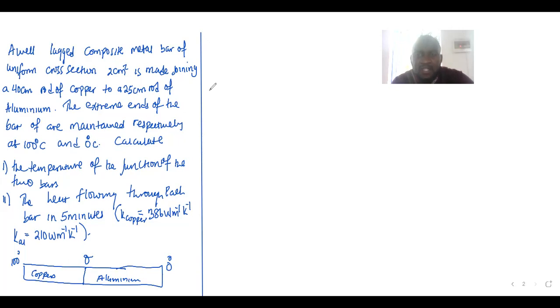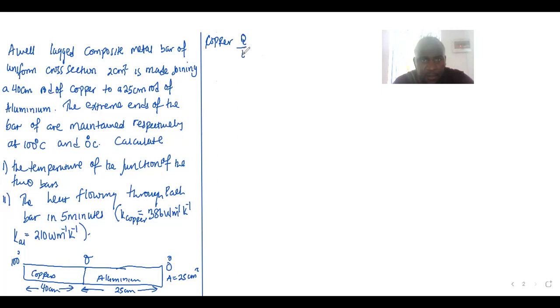The bar is made by joining copper and aluminium of cross-section area 2 centimeters squared, and the copper is 40 centimeters, whereas the aluminium is 25 centimeters. Now with this, we shall need to get copper.